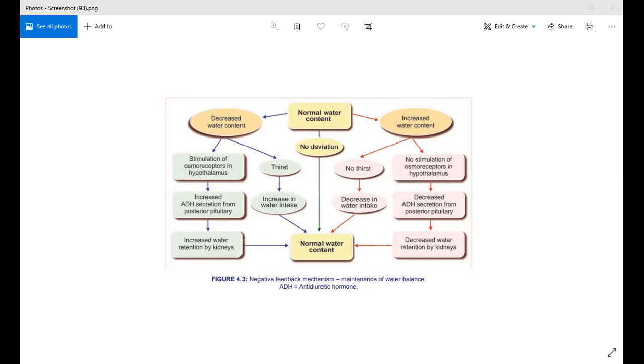Good. So let's go to another one. Let me show you another picture. Then we'll go to temperature regulation. I think I have one more picture here. Okay, I think that is all I have for positive feedback and negative feedback.